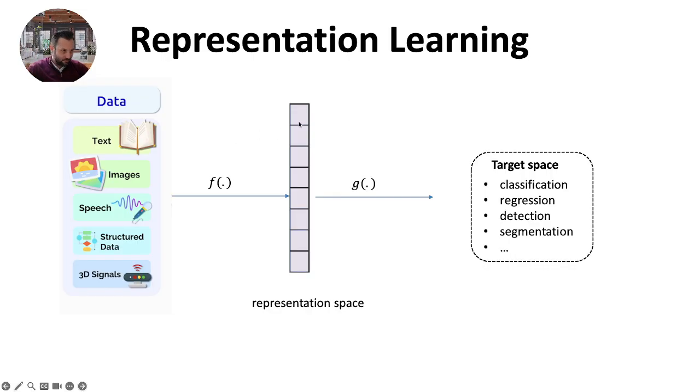After we get to this, we can talk about another function g that does your target task. Your target task can be classification, regression, detection, whatever, right? So if you go from the image using the subspace, you reduce the data or learn the representation such that you do meaningful stuff. You go this one way.